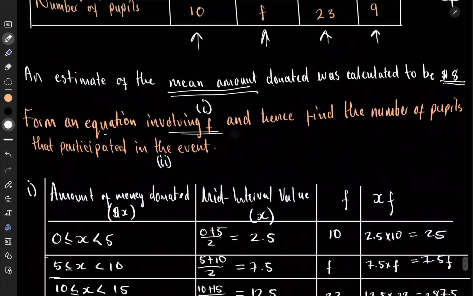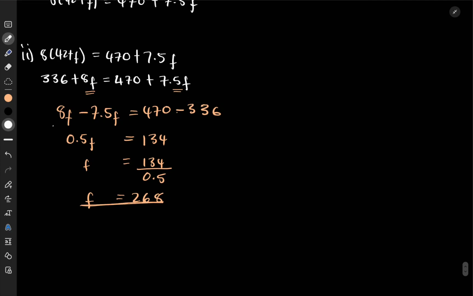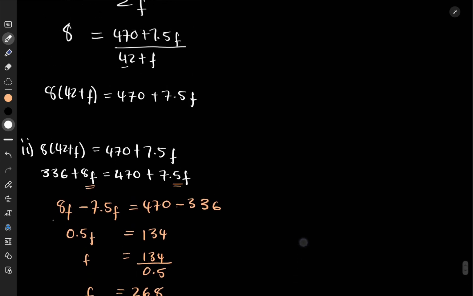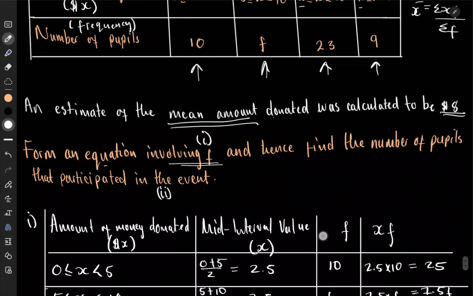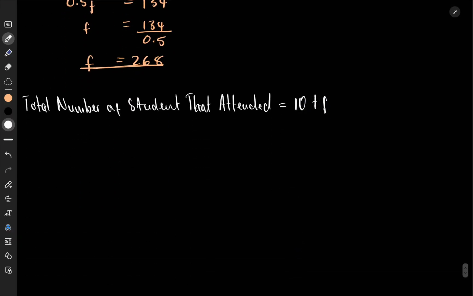Then to get the total number of students, it will be 10 plus F plus 23 plus 9. So you can say total number of students that attended is equal to, what did we say? 10 plus F plus 23 plus 9, which is 10 plus 268.